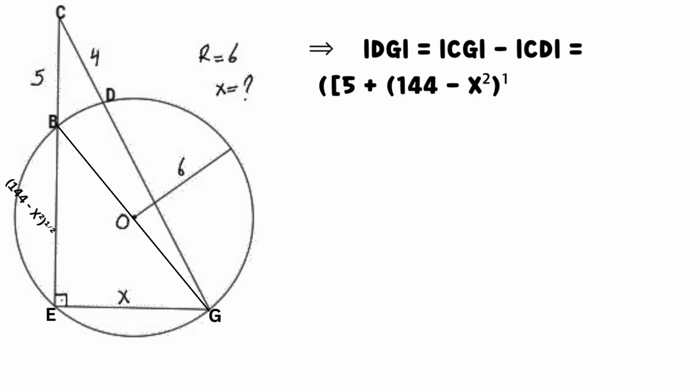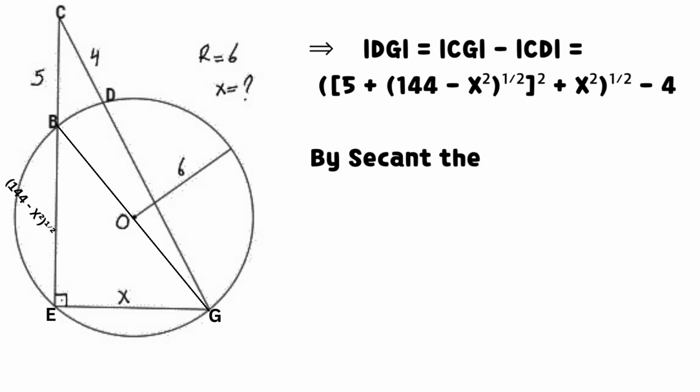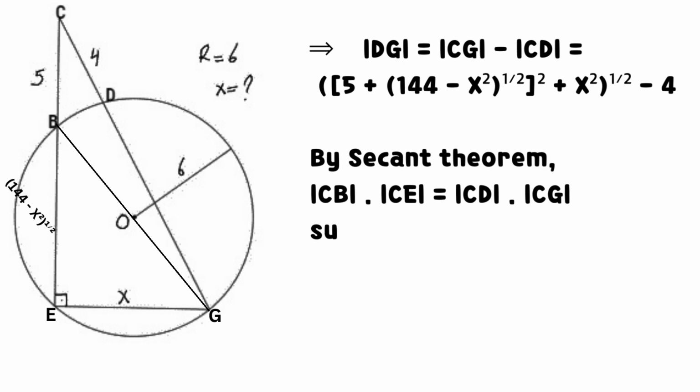It signifies that line DG equals the difference in length between line CG and line CD, which equals the equation in x as shown on the screen.